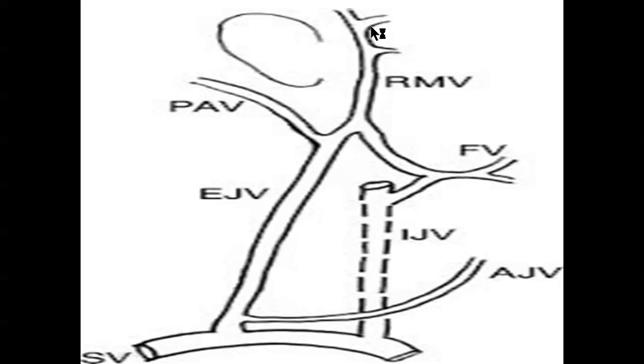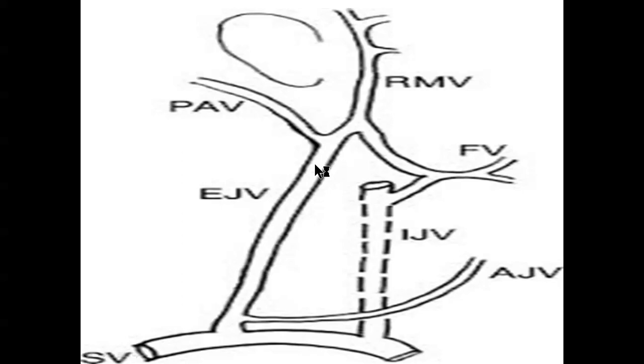So the retromandibular vein drains, the postauricular vein drains, they both join and make your external jugular vein, and the external jugular vein drains into your subclavian vein. So here is your subclavian vein. One must know the external jugular vein is a very superficial structure.